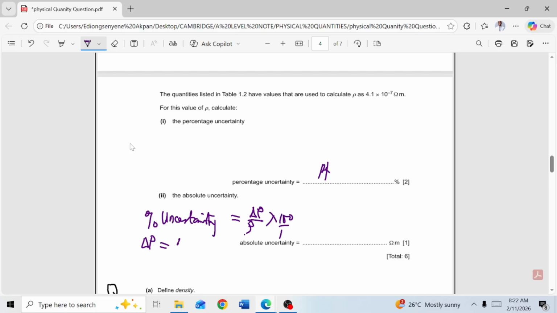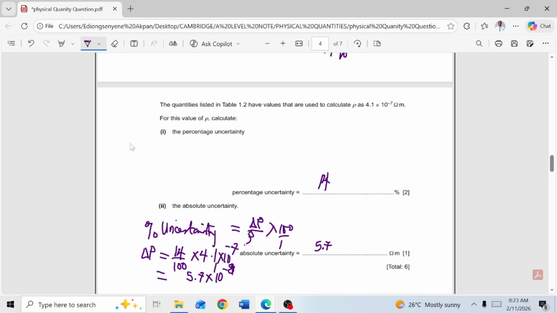So that will give us 14 over 100 times 4.1 times 10 raised to minus 7. Let's pick up our calculator and get the answer. You have 5.7 times 10 raised to minus 8. Next question.